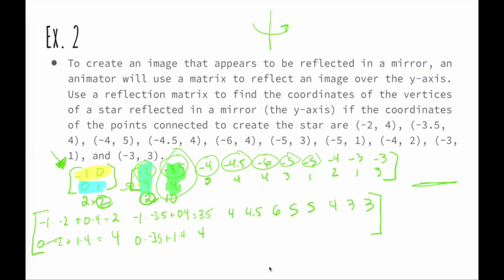Again, you notice a pattern: you're multiplying the x by 0, which makes it go away, and multiplying the y by 1, which makes it stay the same. So your y's are not going to change. This gives us the new matrix, wherein all of the x values have switched from negative to positive, and all of the y values have stayed the same, and that ends up being a reflection across the y-axis.